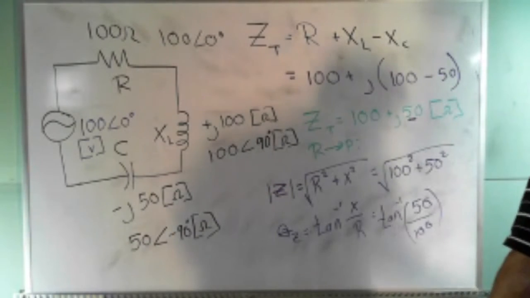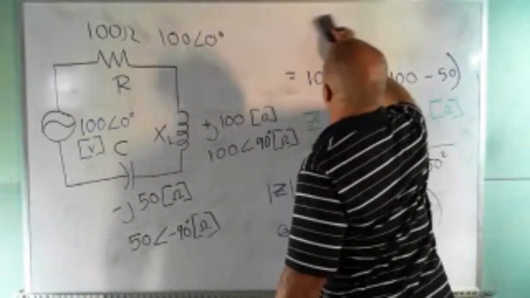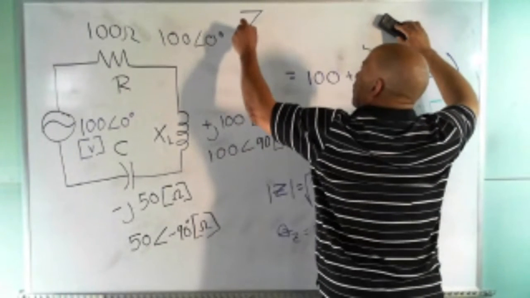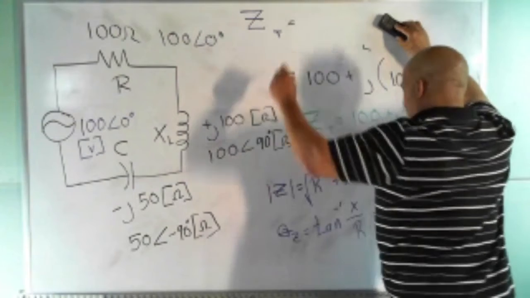So give me my value for Z. I guess I'm calling it ZT. So give me this value.